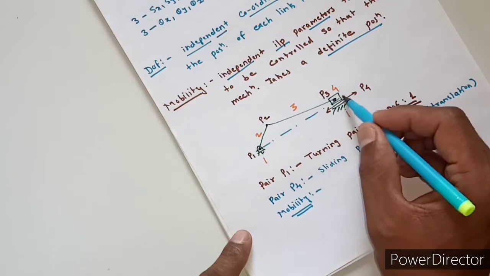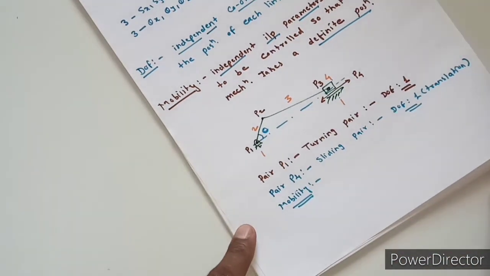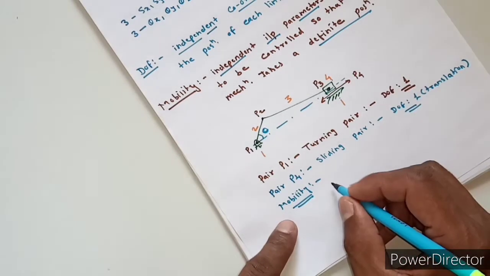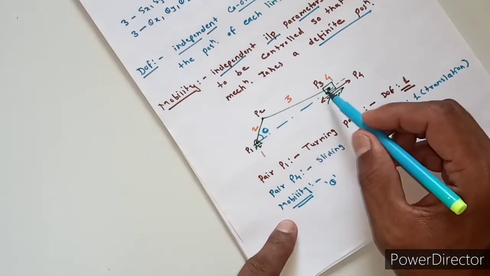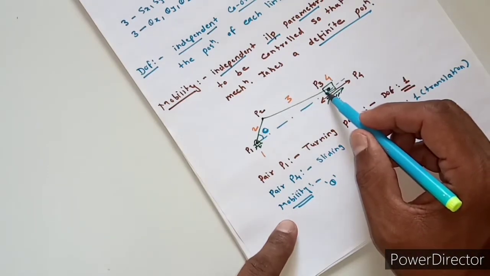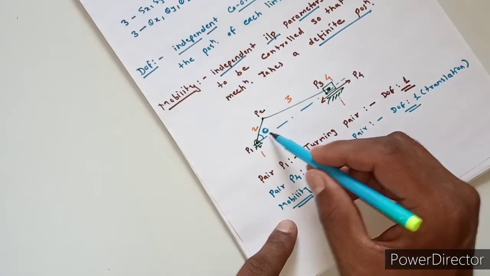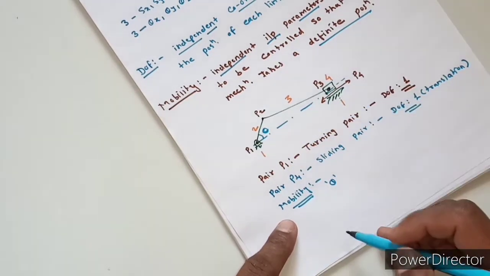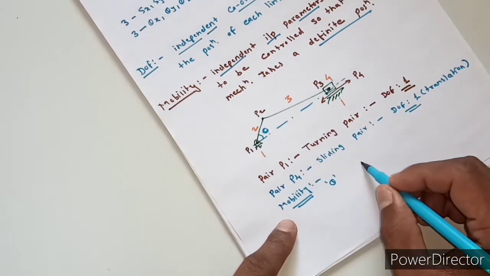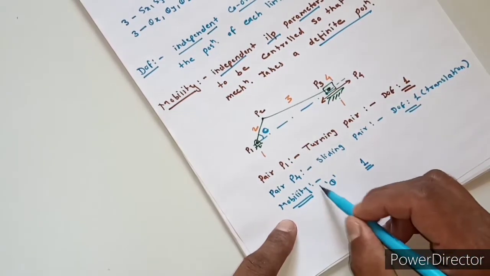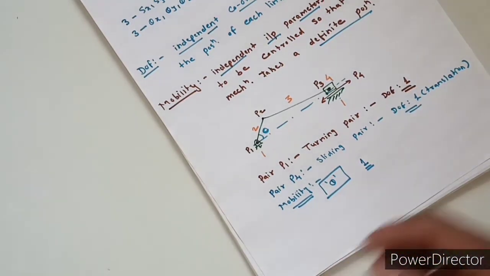If we consider the crank as the input member and theta as the instantaneous displacement of crank with respect to IDC, now the value of theta is sufficient to define the position of piston at any instant of crank rotation. Knowing the value of theta, we can predict the displacement of piston S. So mobility of slider crank mechanism is 1 because only one coordinate theta is required to define the position of any link in a mechanism.